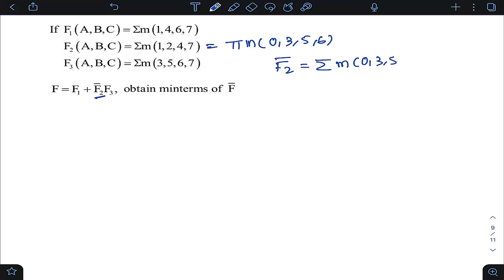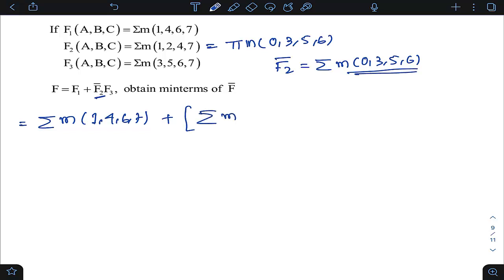Now in place of f1, let me write what is given here, 1, 4, 6, 7, plus f2 bar. f2 bar means these min terms, 0, 3, 5, 6, ANDed with f3. The f3 min terms are 3, 5, 6 and 7.